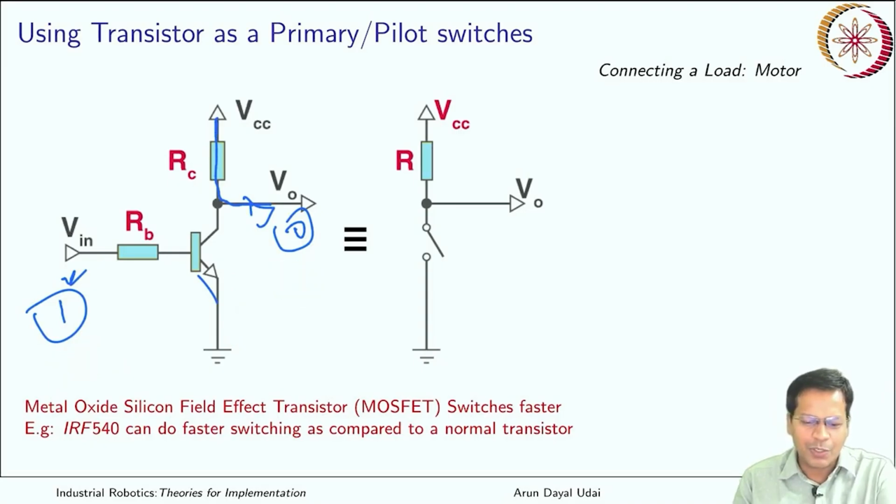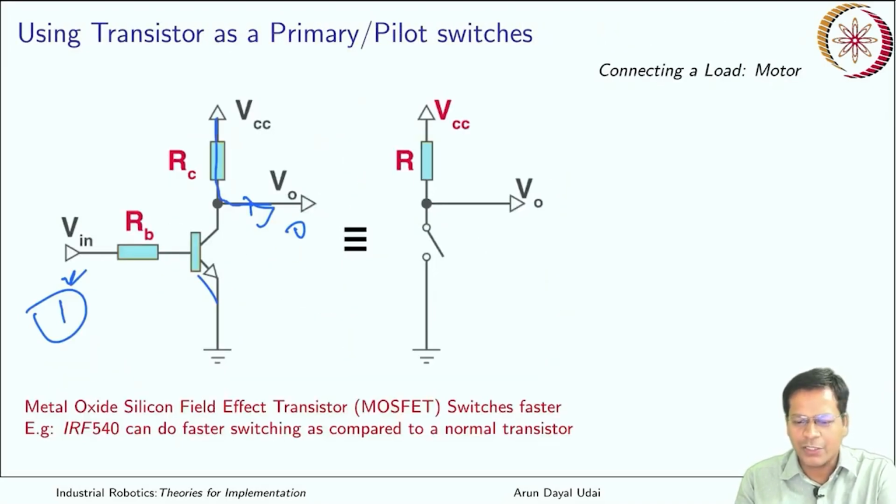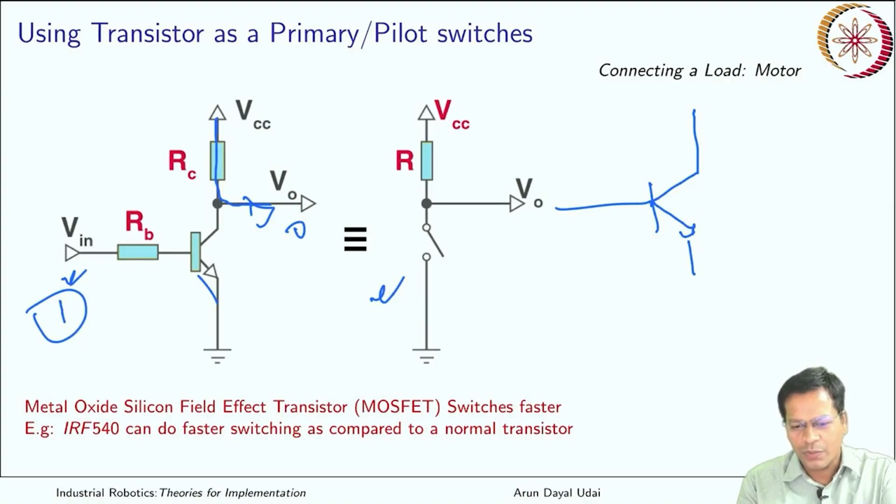Anyway, I am not here to talk about NOT gate operation, but yes, this is very helpful in making your load connected like this. So it becomes very much like a switch. You can connect your motor like this. So if you have a transistor, right? You can connect your supply, and this is your controlling current which is here.